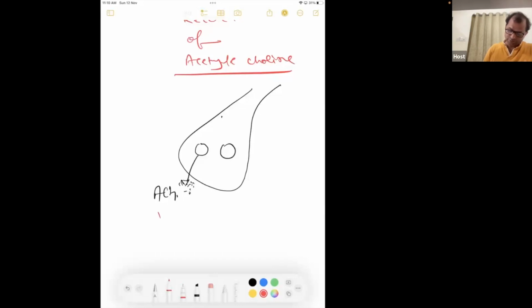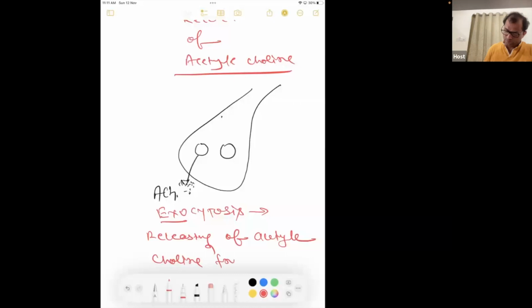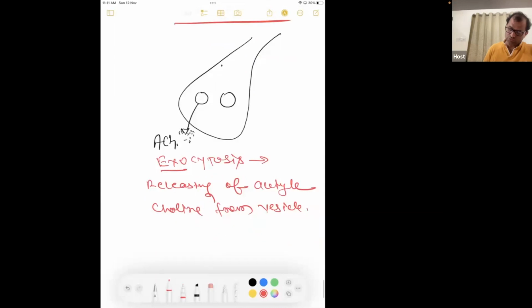The name of this process is exocytosis. Exo means out, endocytosis means coming in. So exocytosis means release of acetylcholine from the vesicle to the synapse. So we are going to understand the process of exocytosis, right?